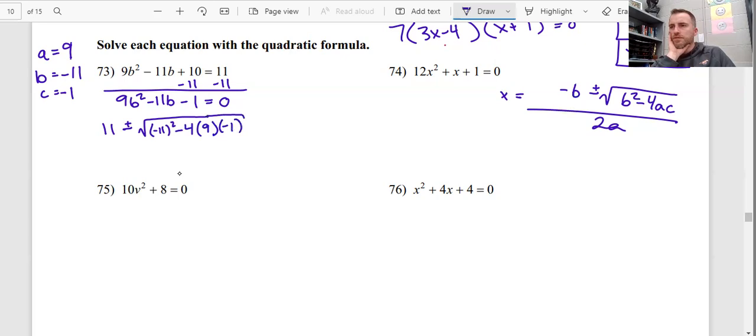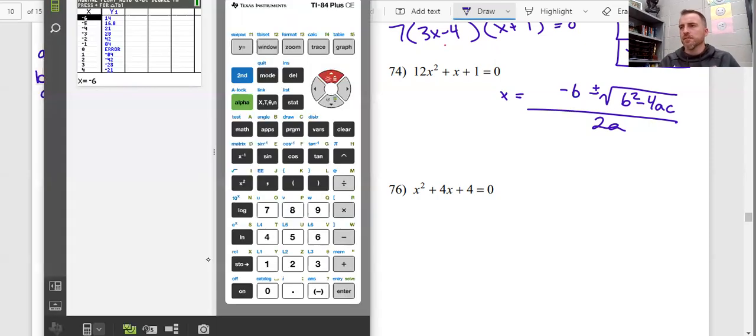All of that over 2a. Then it's time for us to simplify this a little bit. So 11 plus or minus 2 times 9 makes 18. And this is the square root of one single number. So I'm going to go find that number.